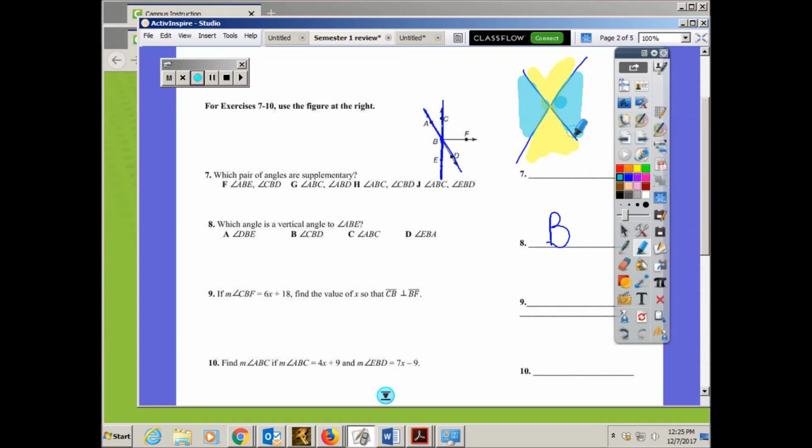And between 3 classes, so 55 students, maybe 3 people were able to pick out that those are vertical angles. Okay? Hint, hint. When lines intersect, they create vertical angles. Hint, hint. That was a proof on your Chapter 4 test. You have a final coming. Hint, hint.